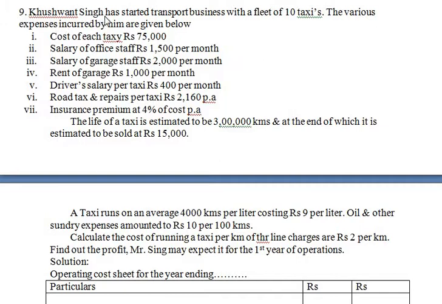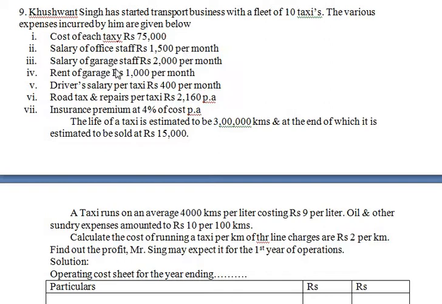Khushwant Singh has started a transport business with a fleet of 10 taxis. The various expenses incurred by him are given below. Cost of each taxi rupees 75,000. Salary of office staff rupees 1,500 per month.